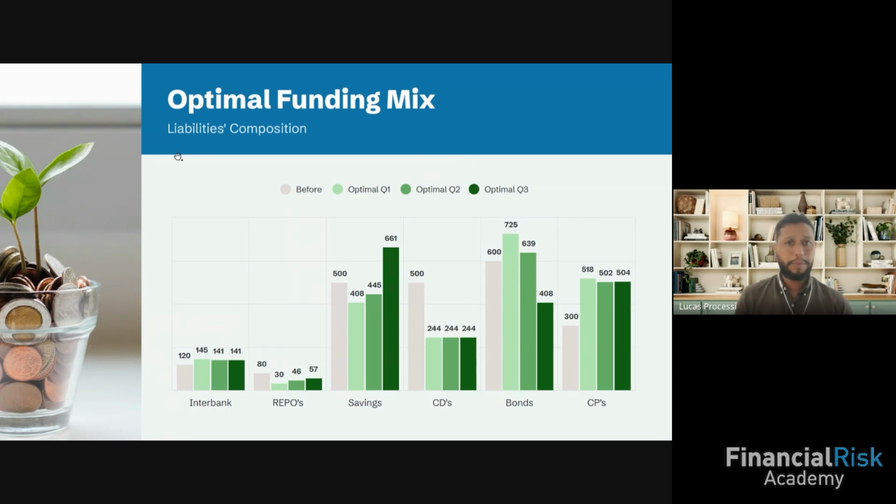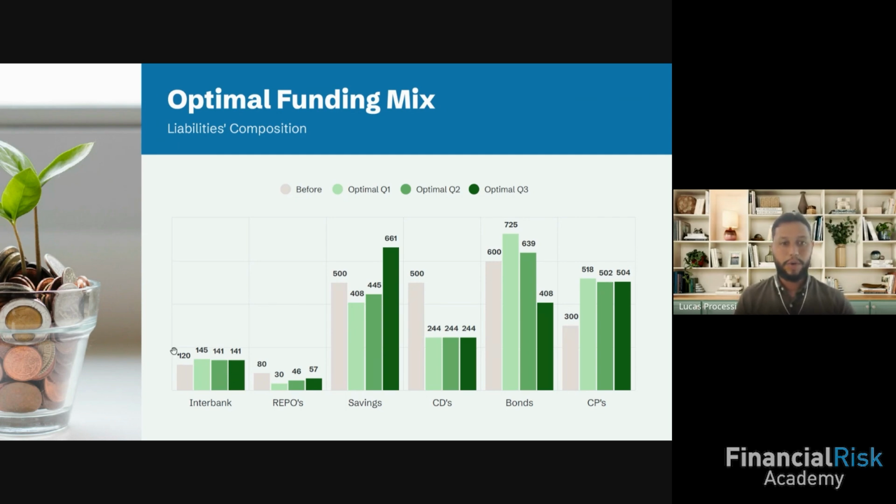So one of those reports is the optimal funding mix. So this is the liabilities composition. So each one of those 4 bars here, the gray one represents the current balance sheets, the current position, and the 3 other ones are the projections for the first quarter, Q1, the second quarter, and the third quarter, of course, in a specific scenario that is being simulated in the simulation phase.